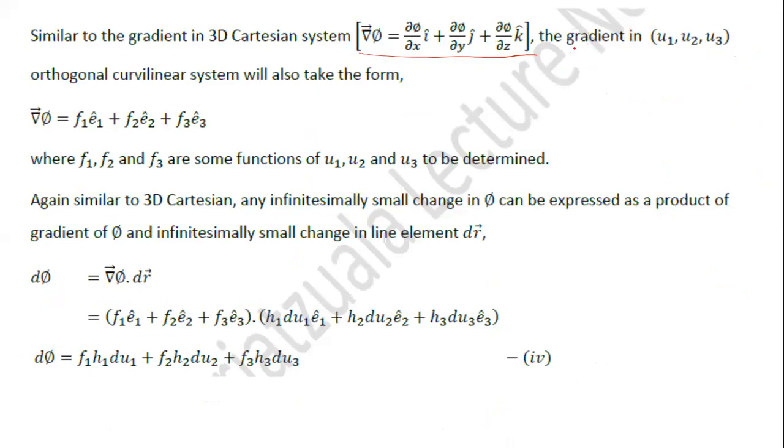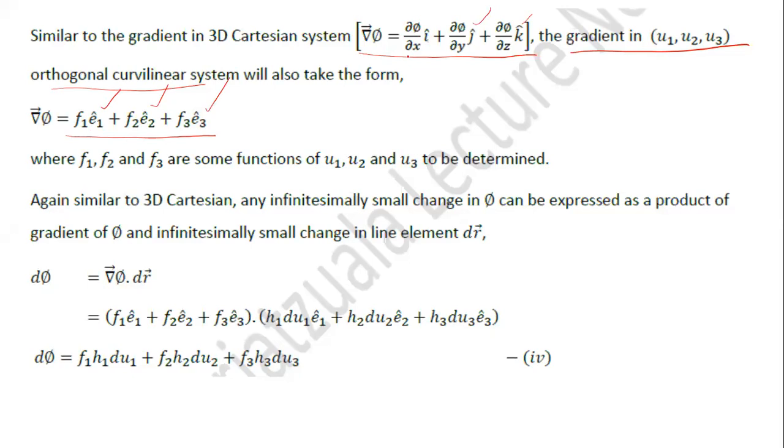So the gradient in this u1, u2, u3 orthogonal curvilinear coordinate system can also be expressed with unit vectors. Instead of i cap, we now have e1 cap. Instead of j cap, we now have e2 cap. Instead of k cap, we now have e3 cap, the tangential unit vectors, right?